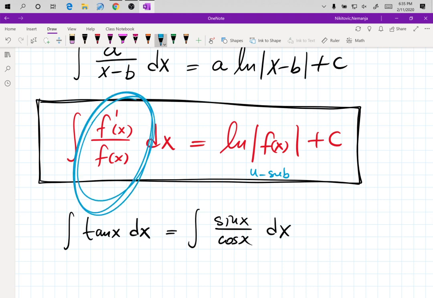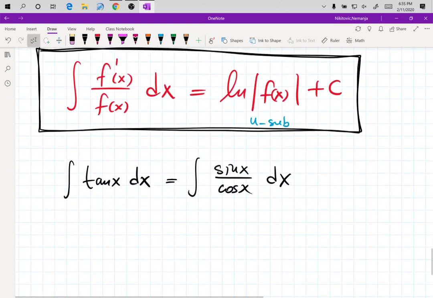I know I lectured on this in my Calc 1 class. Not everyone does, so some of you might not know the way to get the tangent. It's a basic derivative, but it's not a basic integral, right?